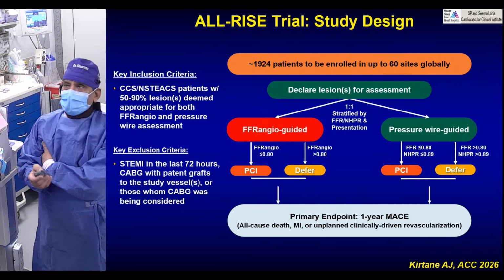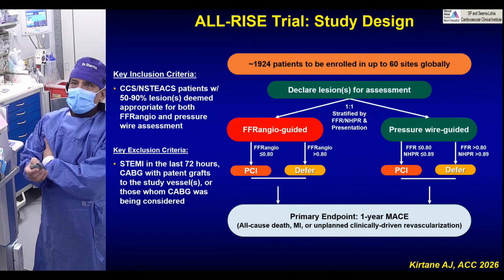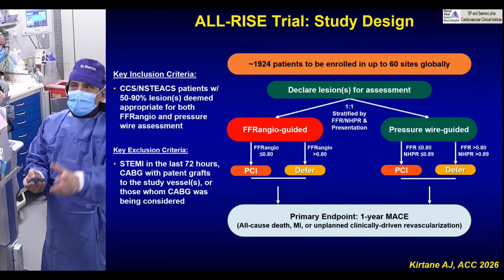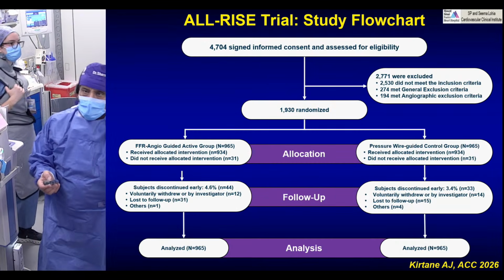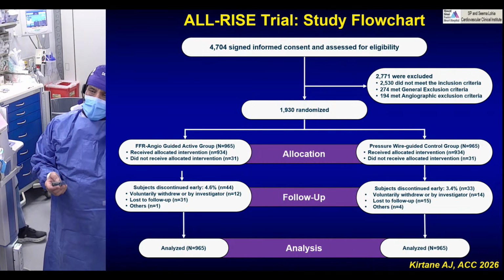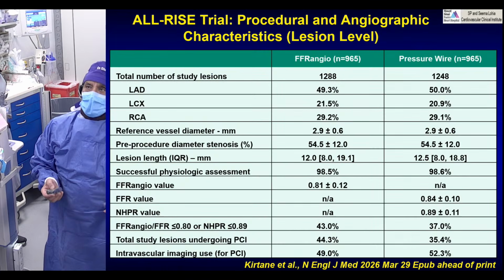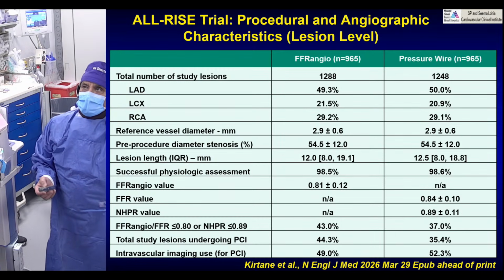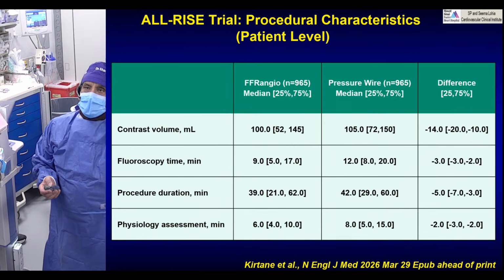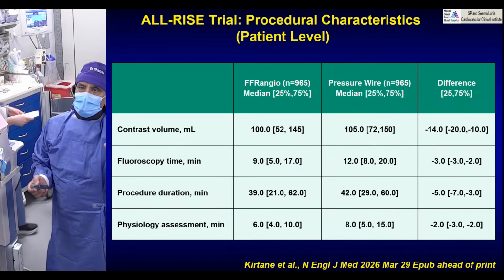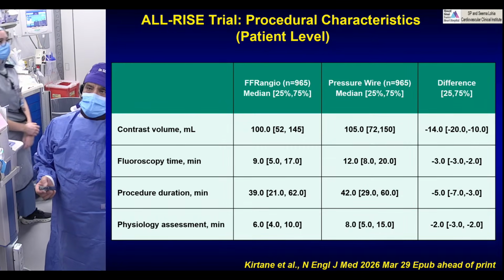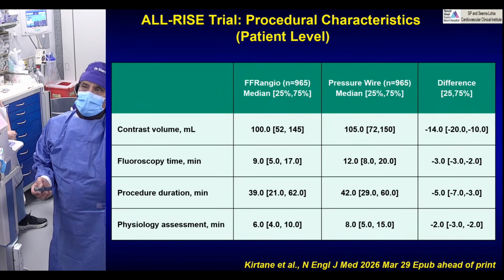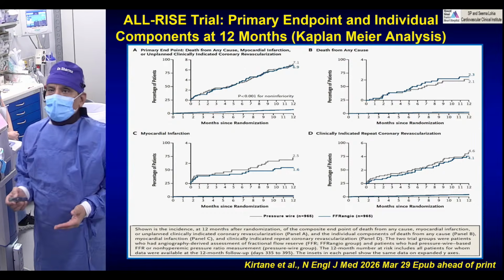So FFR angio guided versus pressure guided. Same, you take a picture, based on that they calculate the FFR, and based on the analysis, defer versus do the PCI, and overall showed no difference in terms of the various procedural angiographic characteristics, except FFR angio had the same contrast volume, but definitely took less time compared to pressure wire FFR.